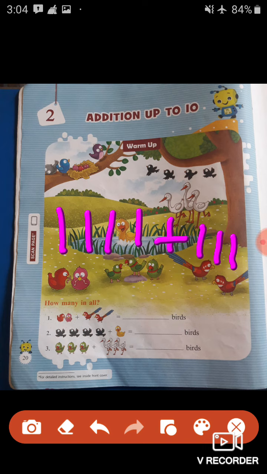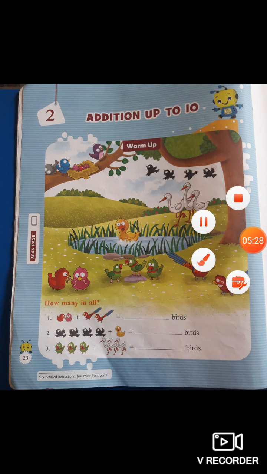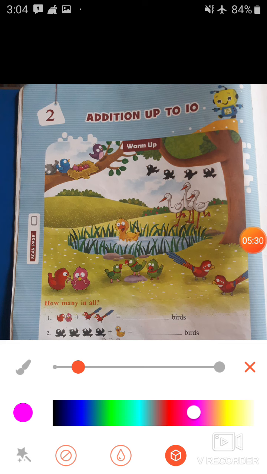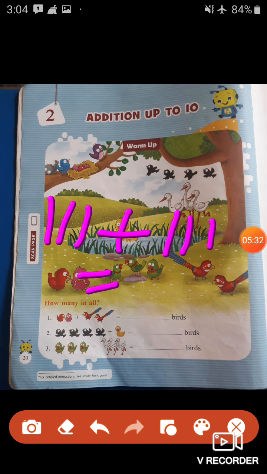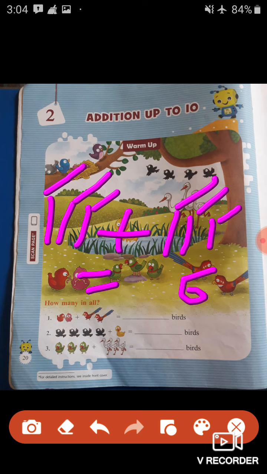So sorry students, there are 3 parrots, not 4. So then 3 plus 3, 1, 2, 3, 4, 5, 6. So there are 6 birds. How many birds? 6 birds. So here you have to fill in 6.